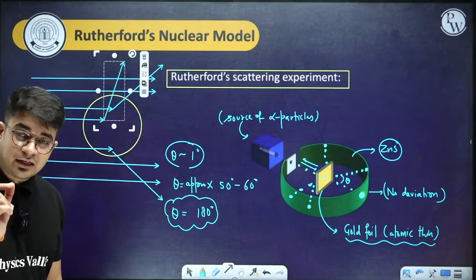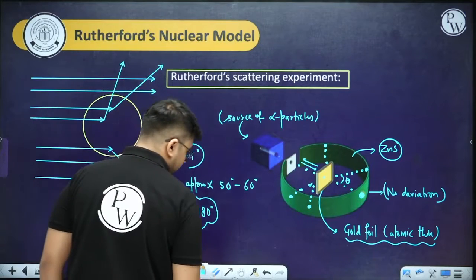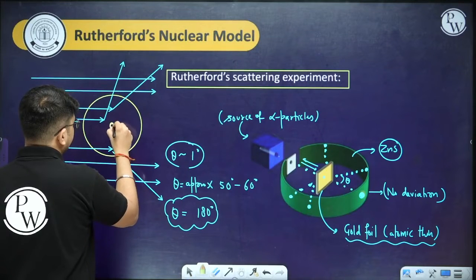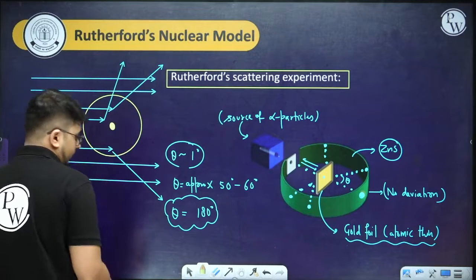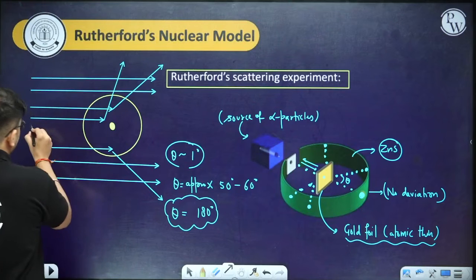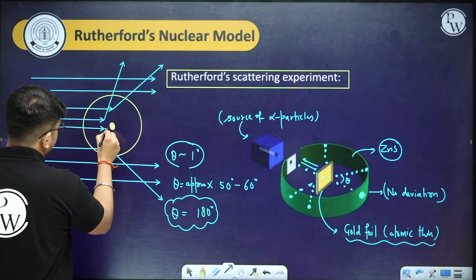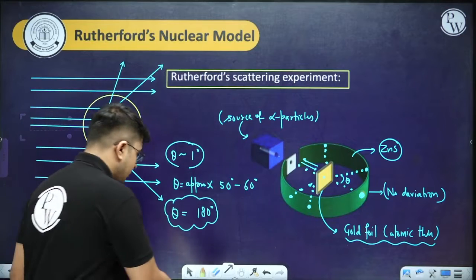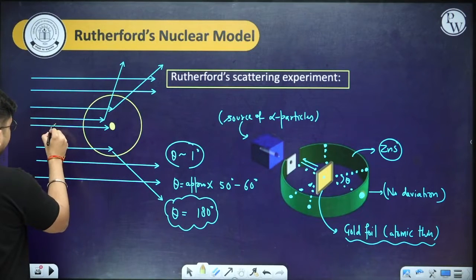And there was one point where he found out that something is actually present at a concentrated point. When I'm bombarding the entire part in this direction, I can see it's going to trace back its path.